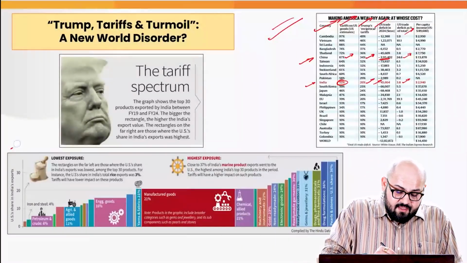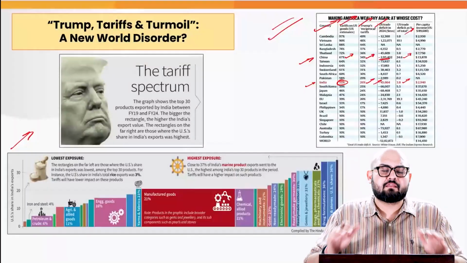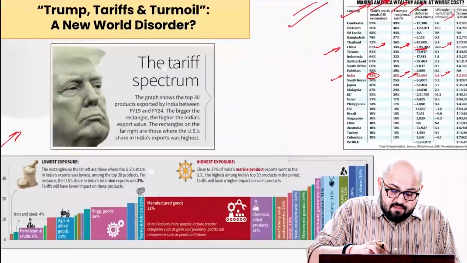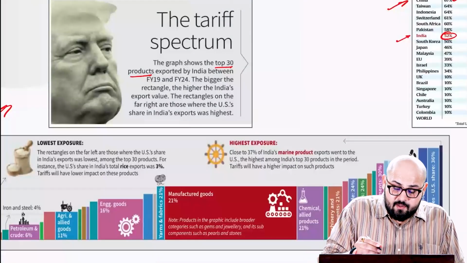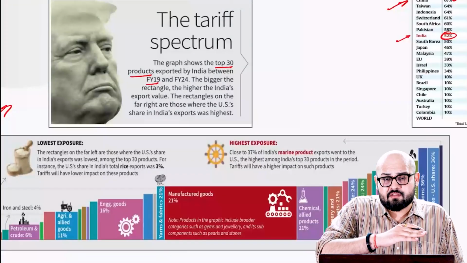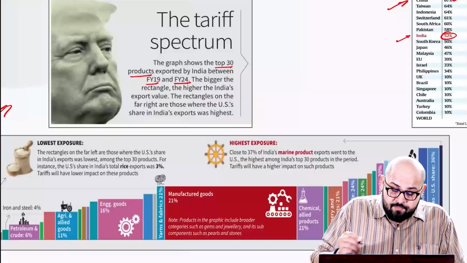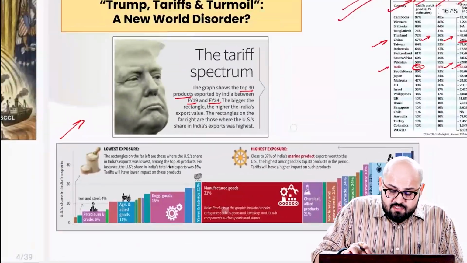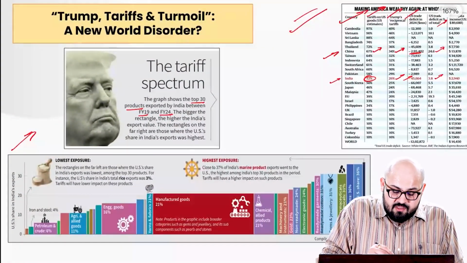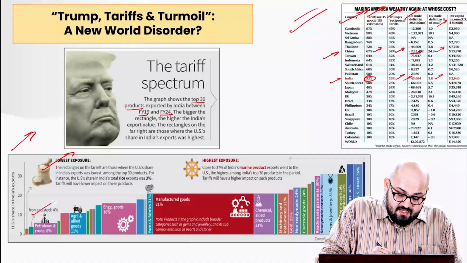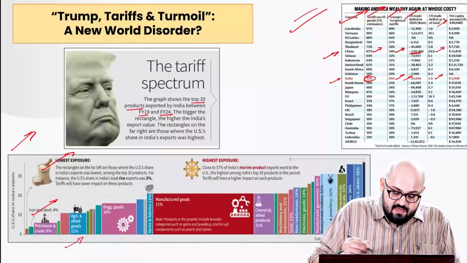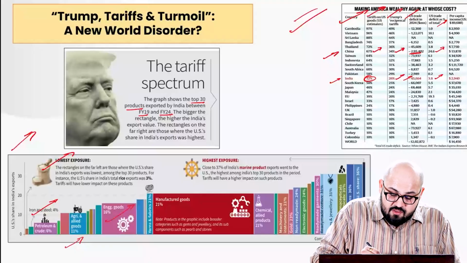Also, we have an infographic in The Hindu that talks about the India-specific case. It gives us the top 30 products exported by India between financial year 2019 and financial year 2024. Let's take the case of rice, iron and steel, agri and allied goods, and engineering goods.